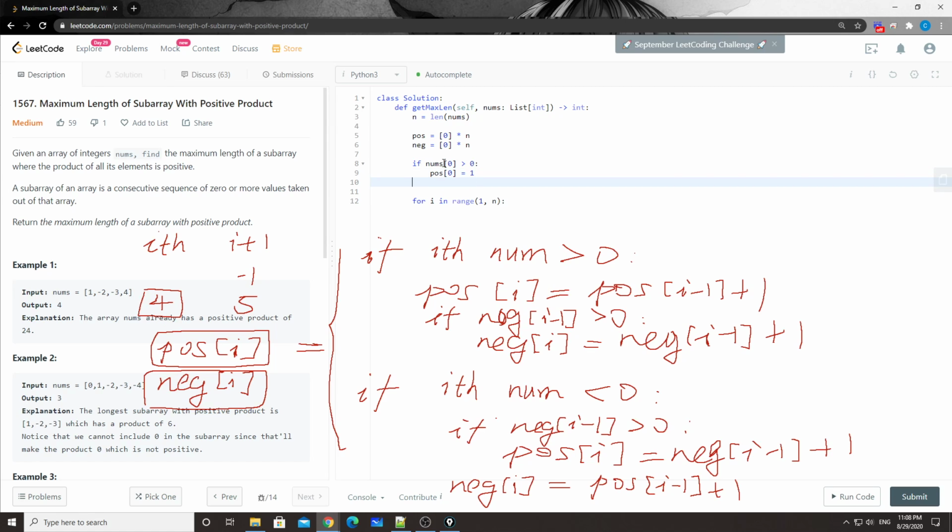Same thing if nums 0 is smaller than 0, then negative 0 will become 1. And then we have an answer here. The answer will start with positive 0, that's our answer, the initial state.